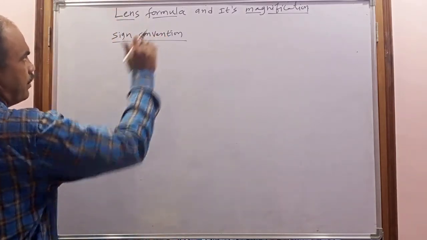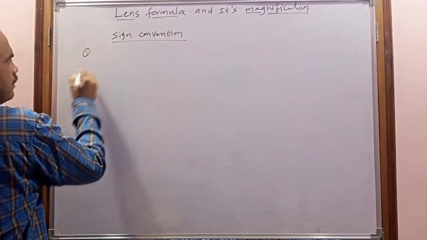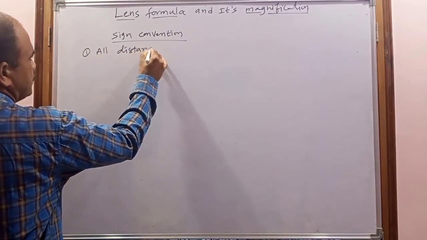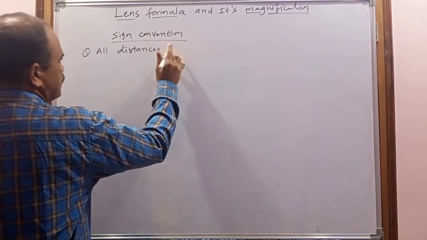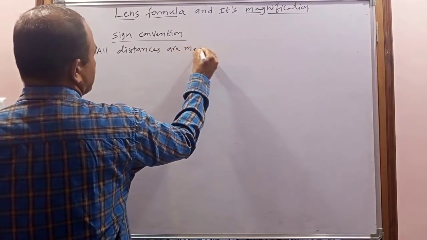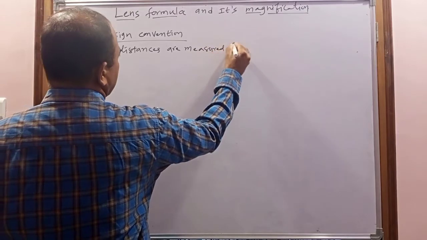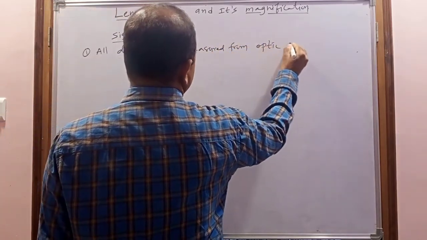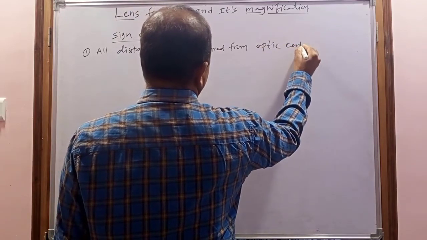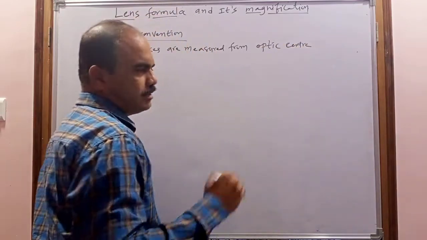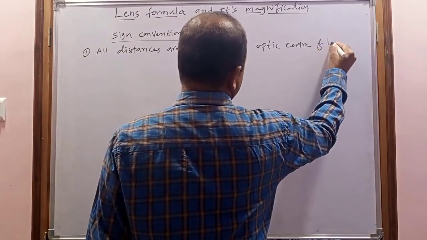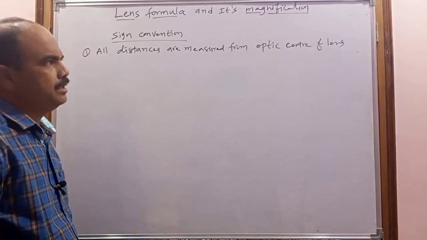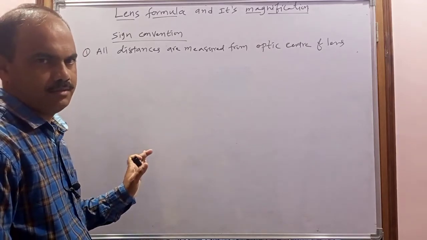So the first sign convention is: all distances are measured from the optic center of the lens, and the optic center of the lens can be taken as the origin.